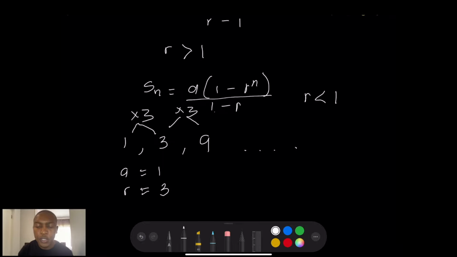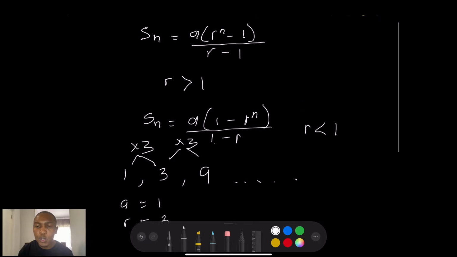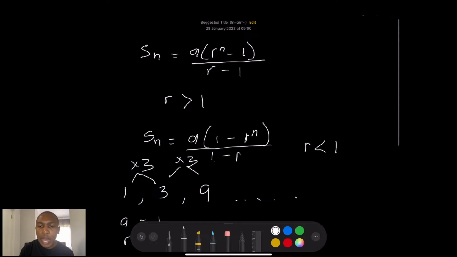Now, if I say to you, evaluate the sum of the first 10 terms of the sequence, you've got the value of A and the value of r. But which formula are we going to use? You'll say to me, well, r is greater than 1 in this case.